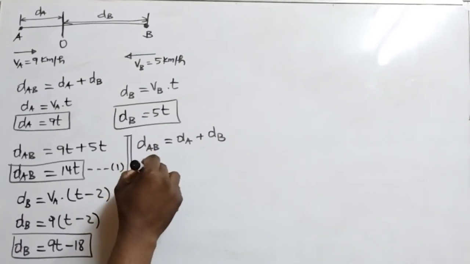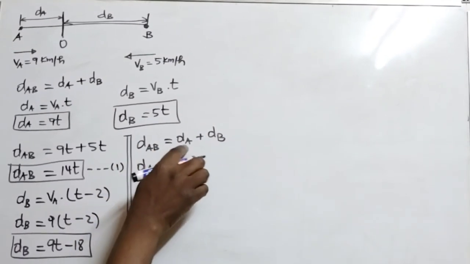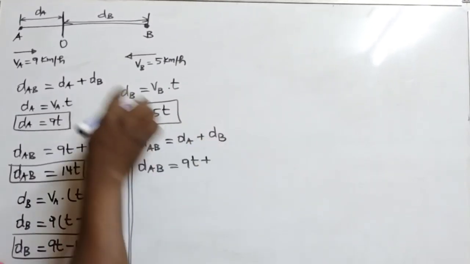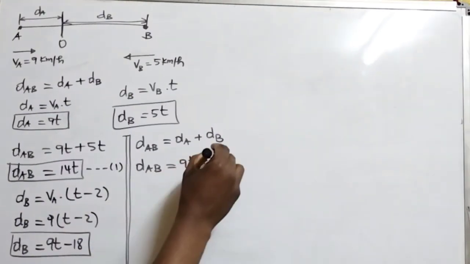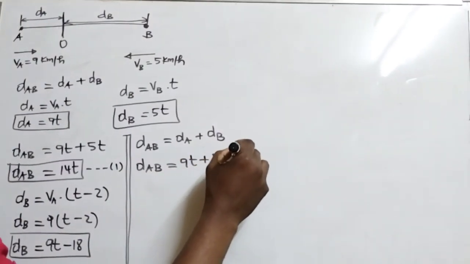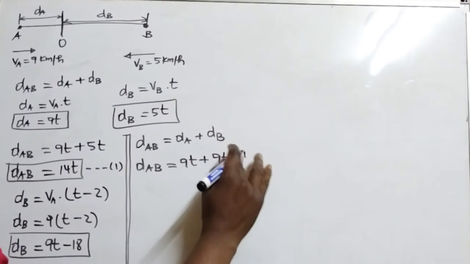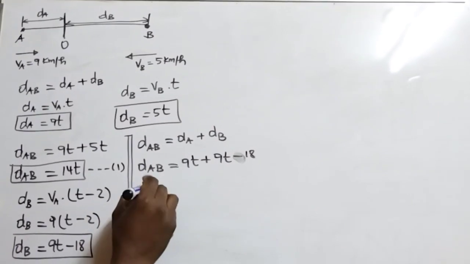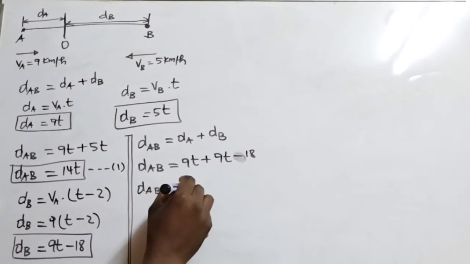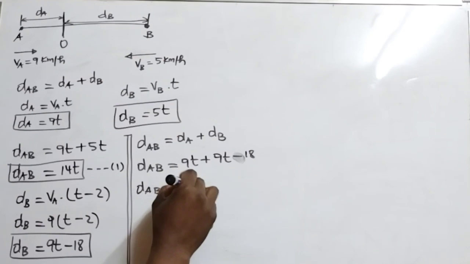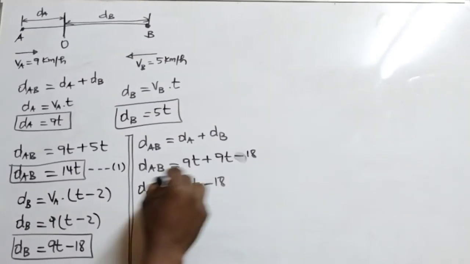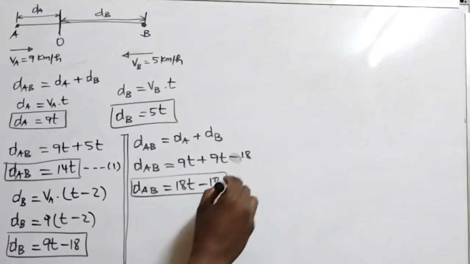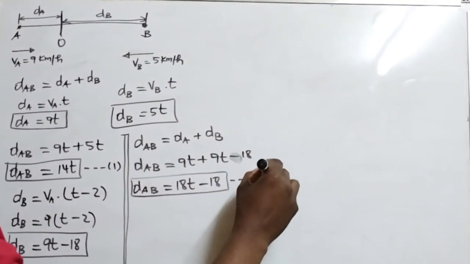Now the distance dAB will be equal to dA, which is 9t, plus dB, which is 9t minus 18. Then the distance dAB will be equal to 9 plus 9, that's 18t, minus 18. Ladies and gentlemen, I have found the second equation. So that's our equation 2.